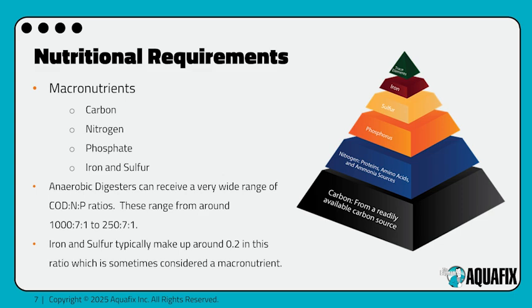Therefore, if you have high iron and low sulfur, you're going to lose all the sulfur in your system and be a sulfur deficient system. But more likely, you'll be high sulfur and low iron, and then you lose all your iron activity in the system and you end up without having any iron to use in your system. So typically you want to have quite a bit of iron in a system to make up for the sulfur present. So that's kind of how these things relate.